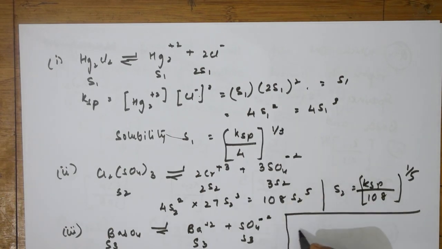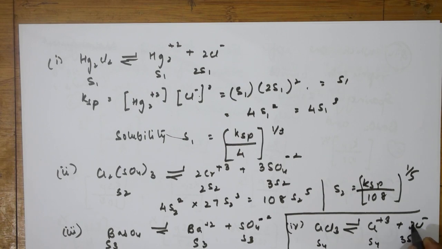This is over. Let us do for fourth one, chromium chloride. Chromium chloride dissociates into Cr plus 3 and Cl minus. How much is chromium chloride? Here this is S4 mole per liter. Cr plus 3 if I have to take, I'll take S4. This is 3S4 because 3Cl minus. So if I find KSP, this into this, this into this, isn't it?